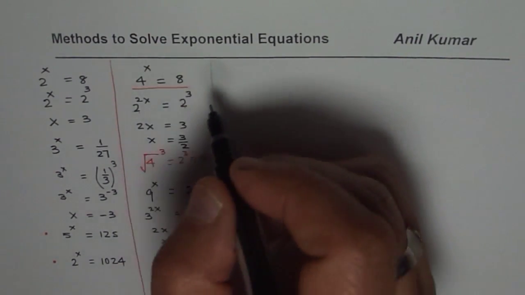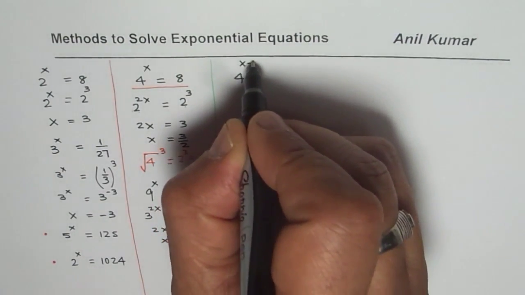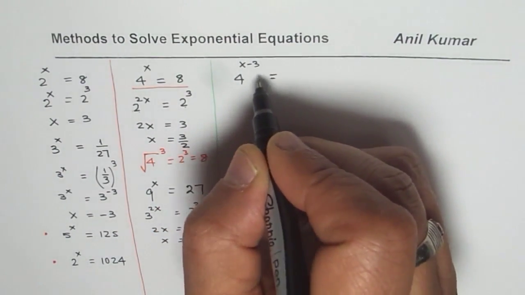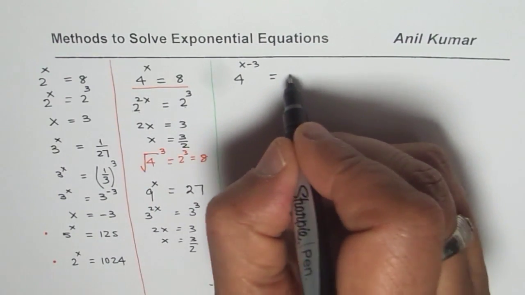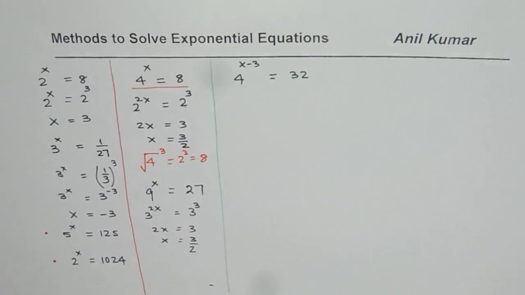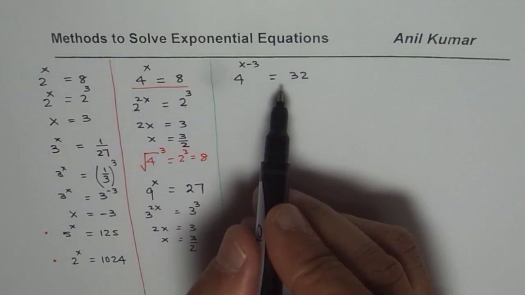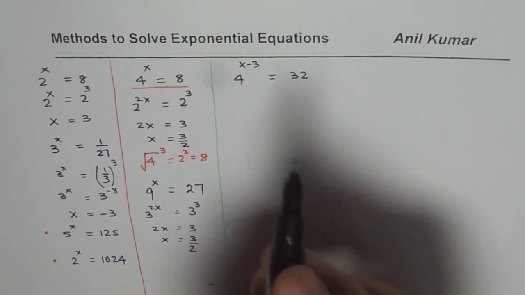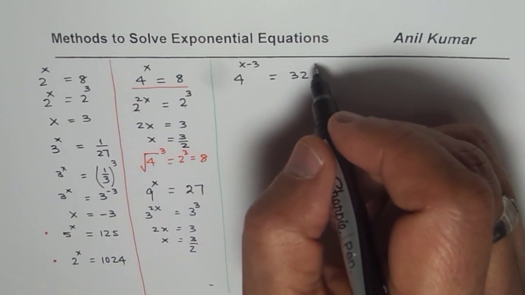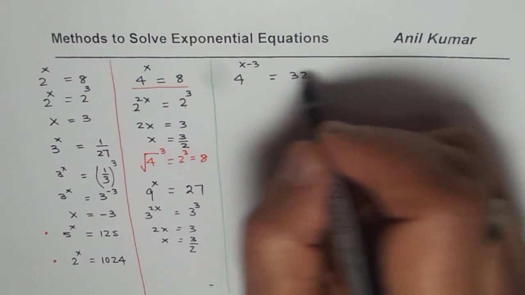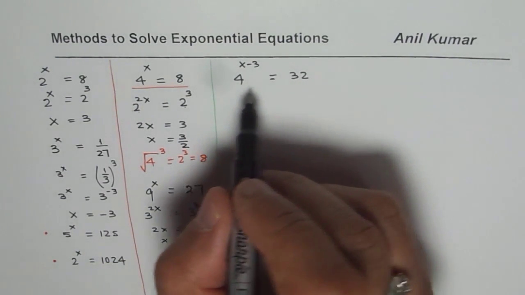At times we can also make it a bit more complicated. We'll have 4 to the power of, let us say, x minus 3. So we are putting something else in the exponent, and instead of 8 we have another number. Let's take 32. I know if I would have taken 16, it would have been simpler. So we are combining the strategies learned, and we write 32 also as a power of 2.